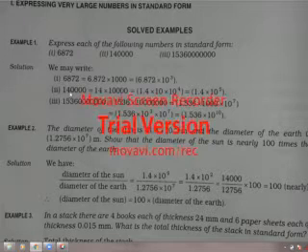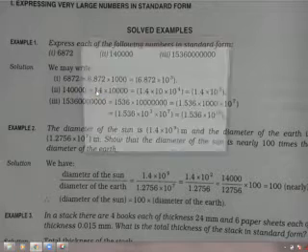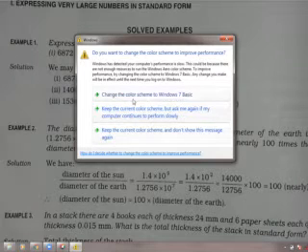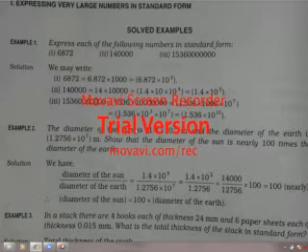Now if you see over here, it is 1,40,000. So in 1,40,000, what will happen? Here it has been written as 14 into 10,000.